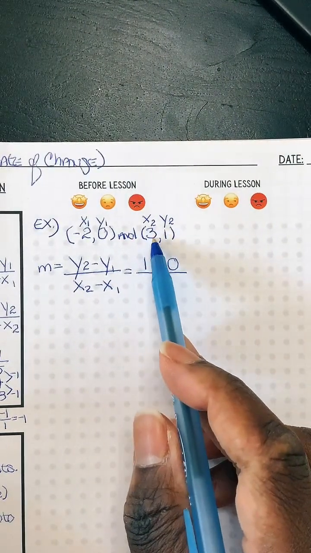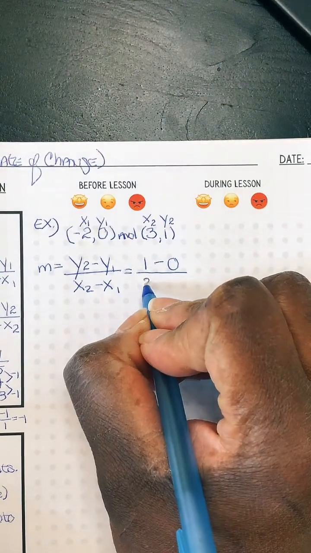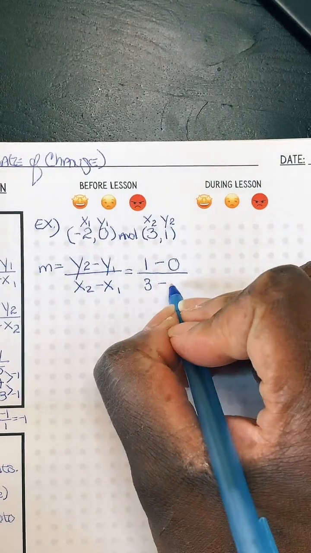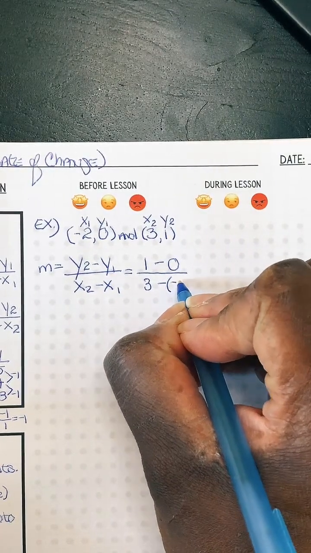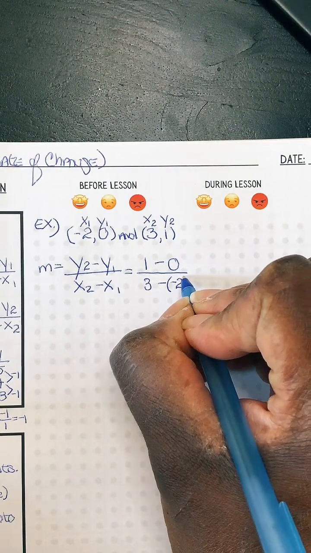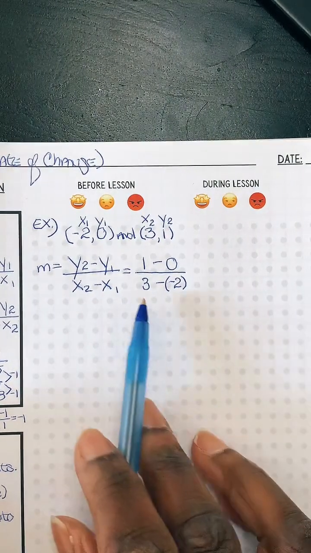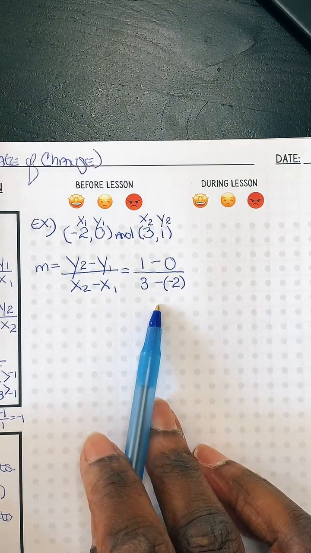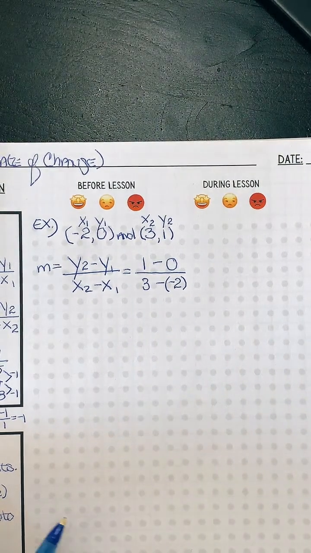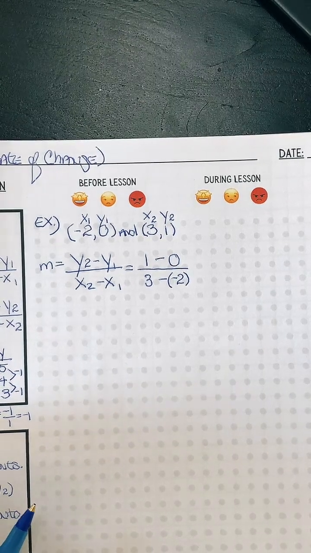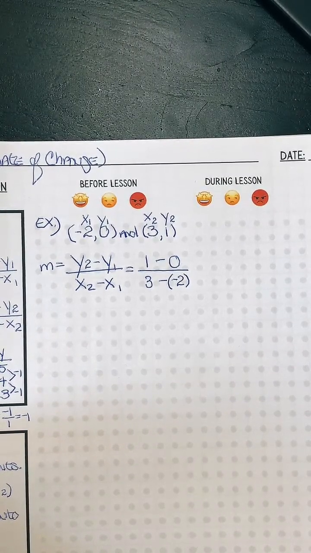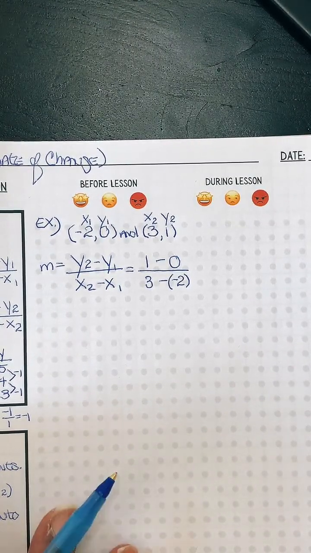So my x2 we labeled as 3, minus my x1, which we labeled as -2. Every time I plug a negative in, I like to put a parenthesis around it, and I'm going to explain why in a moment. But do you see what's happening? I'm still keeping up. Good job, Nina. All right, good. Jennifer, I don't want to leave anyone. Okay, good. Leanne, I just want to make sure.